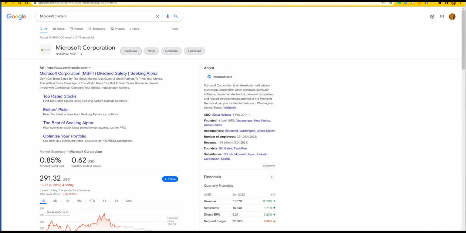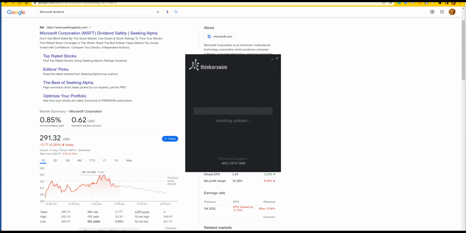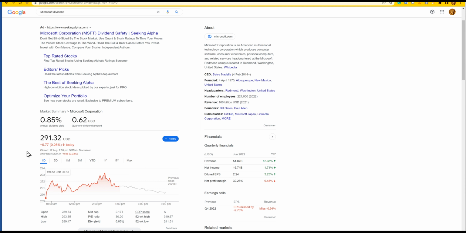For Microsoft, I can see 0.8% dividend yield, 62 cents every quarter. So the average is about $2.48 per year, and the share price is $291. You want to do it? Nothing wrong, if your objective is to hold Microsoft as a 5-year cycle, 10-year cycle, that's one thing.